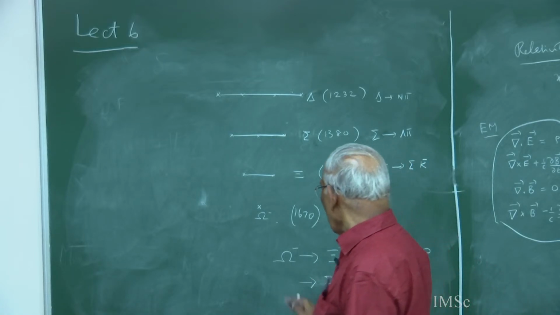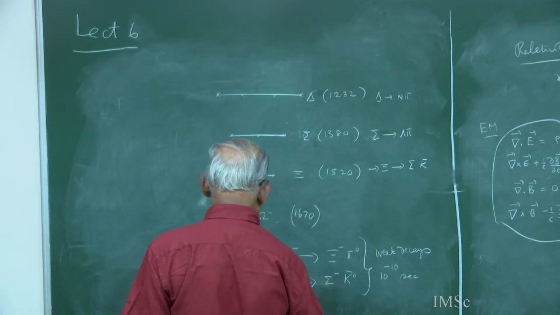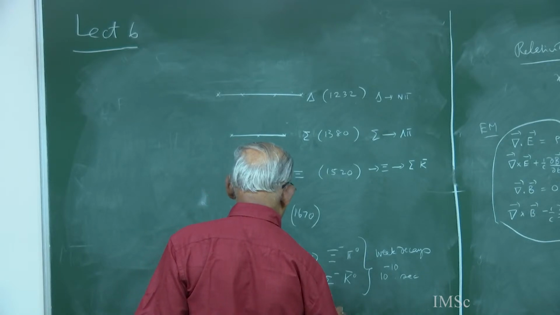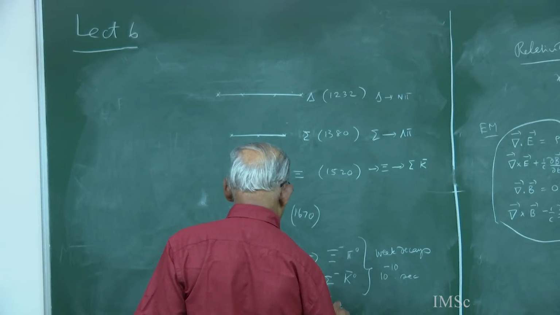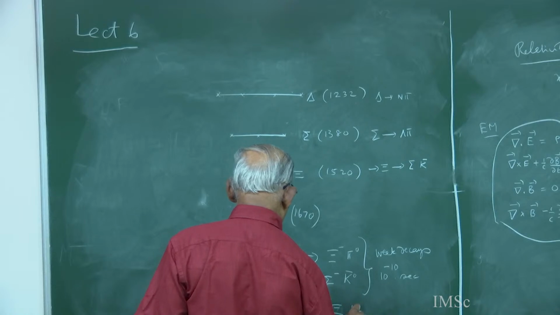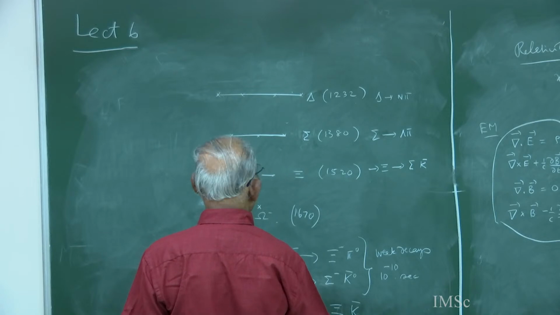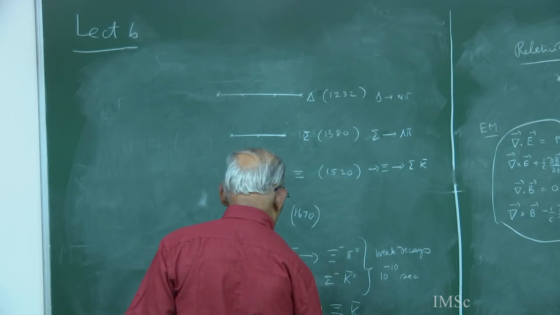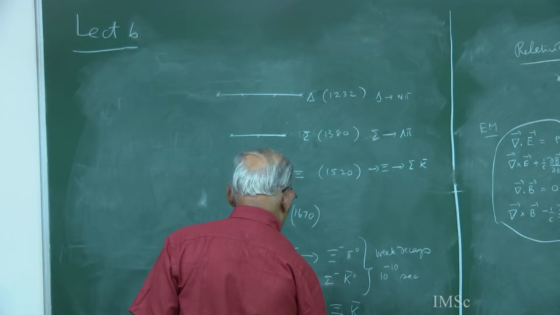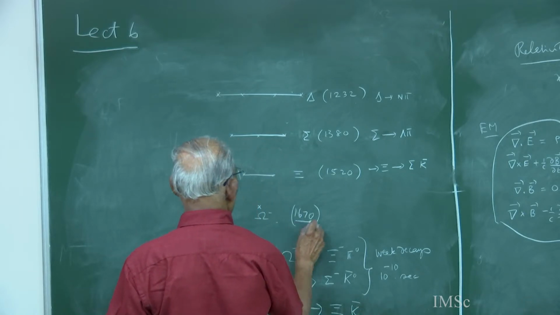This guy, if it has to decay by strong interactions, it has to go into, let us say, cascade minus, cascade and some K or K bar. But add the masses, 1520 plus about 500 MeV is almost 2000 MeV, whereas the mass is only 1670.